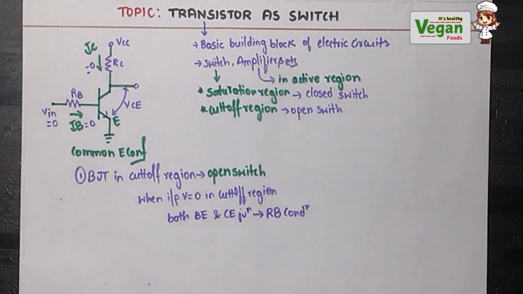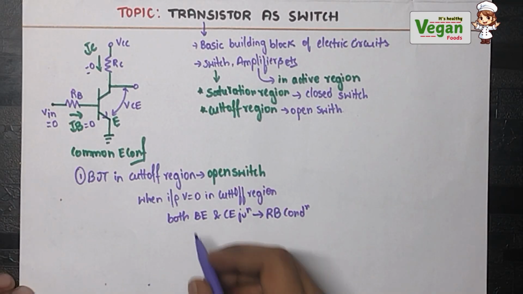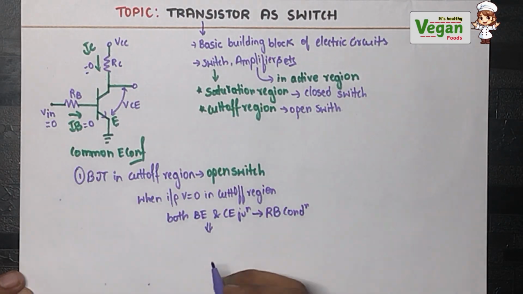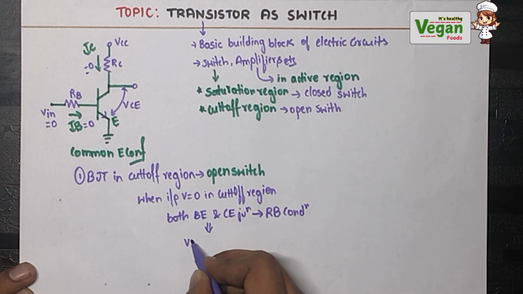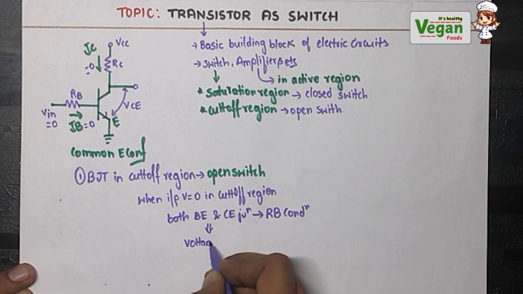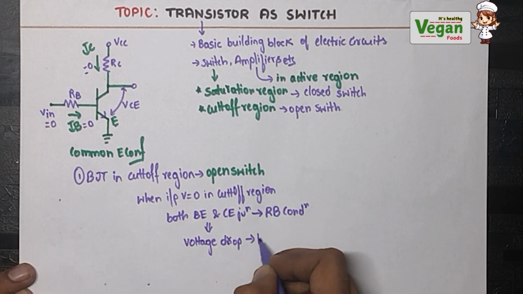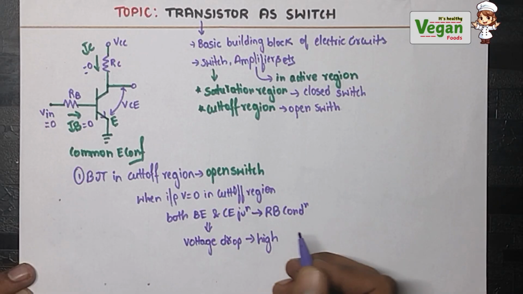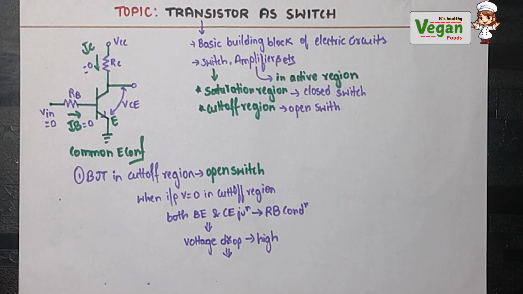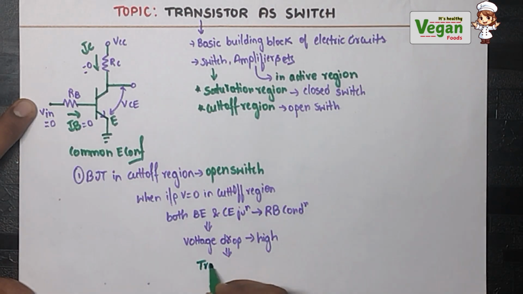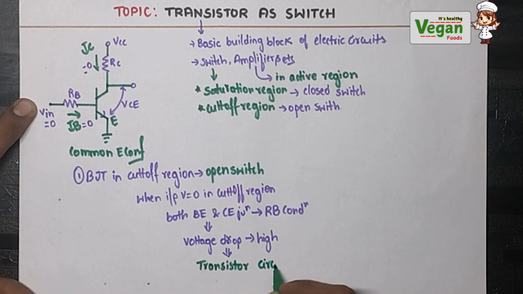Therefore the voltage drop will be high. Due to this high voltage drop, the transistor circuit will act as an open switch.